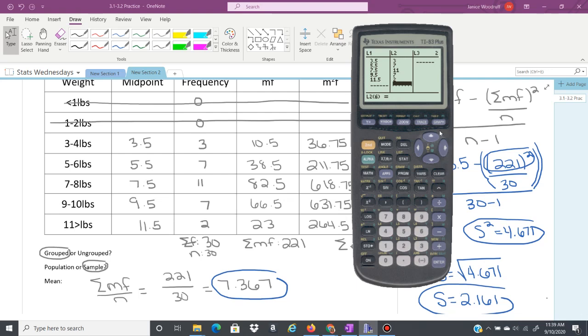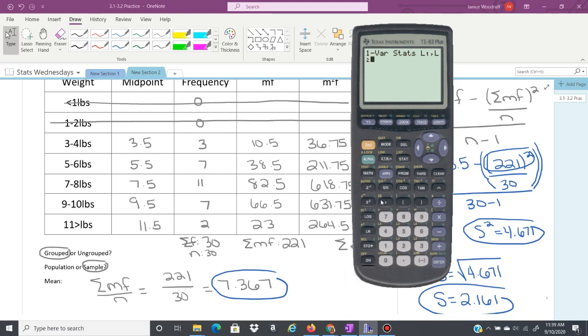Then you're going to go to your home page, so second quit. You're going to do the same thing that you do for ungrouped. You're going to go to Stat, Calc, one variable statistics. This is still one variable statistics, okay? We're just using a midpoint as part of it. So for this calculator, for the 83, the 84 is a little bit different, all right? So I'll do this one first. So you're going to go L1, comma, L2.